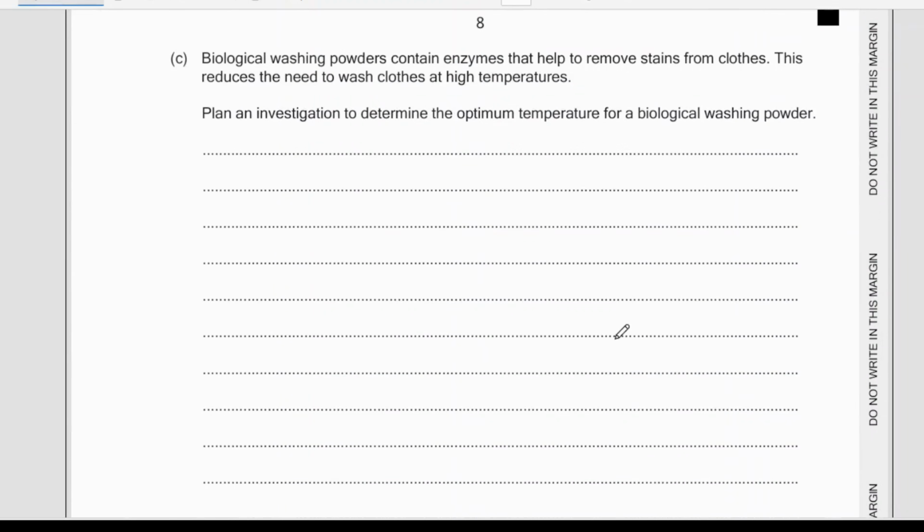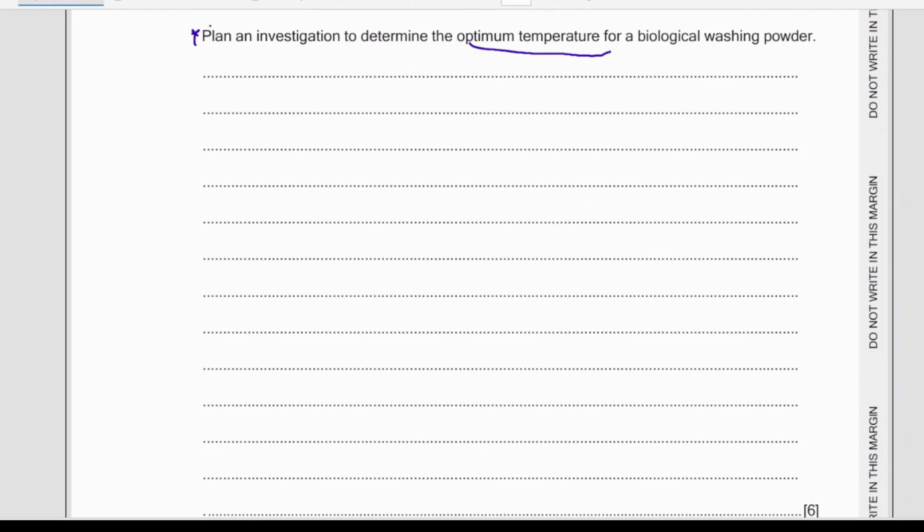Next question. Plan an investigation to determine the effect of optimum temperature for a biological washing powder. It would be similar to how you test an enzyme.